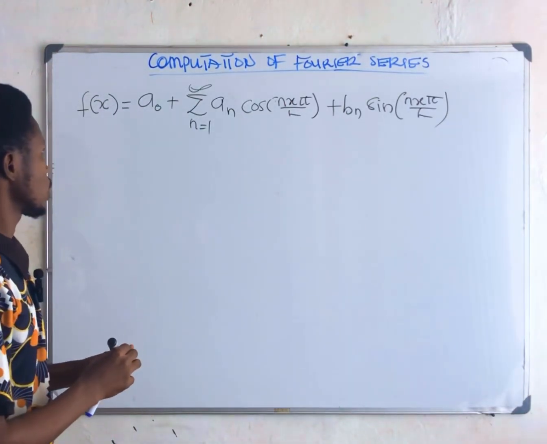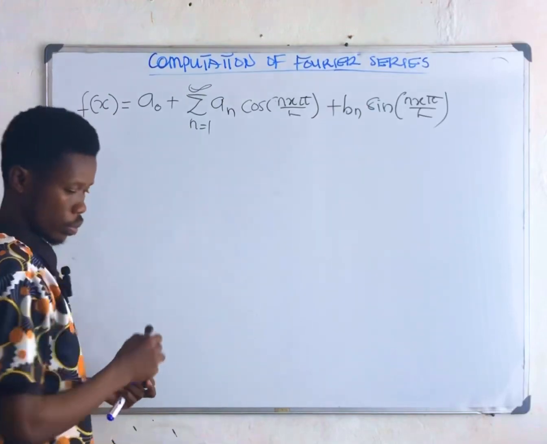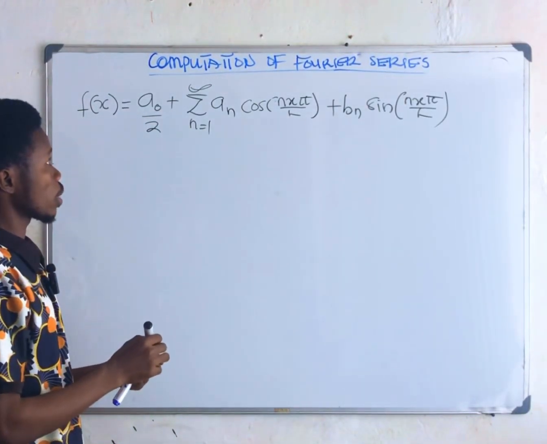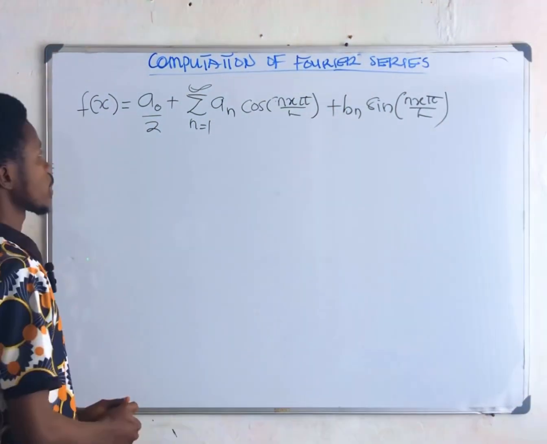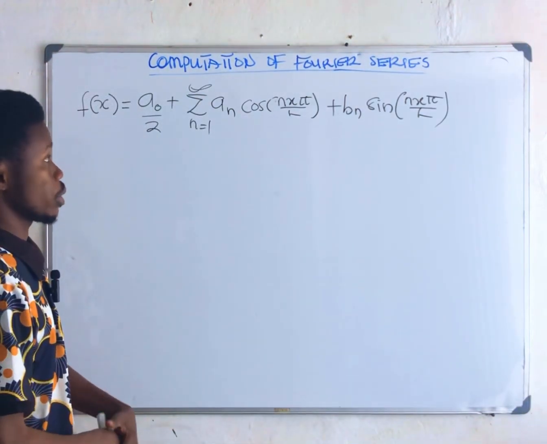This is what we have, right? The a naught was over what? 2. Good. So this is the formula we have for the Fourier series.